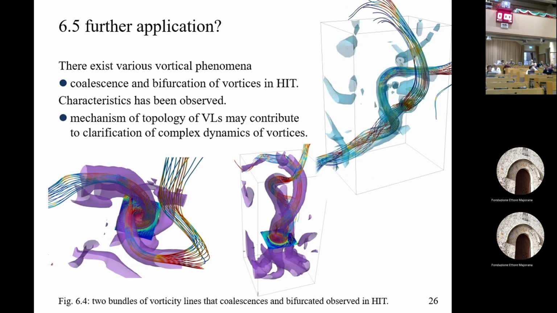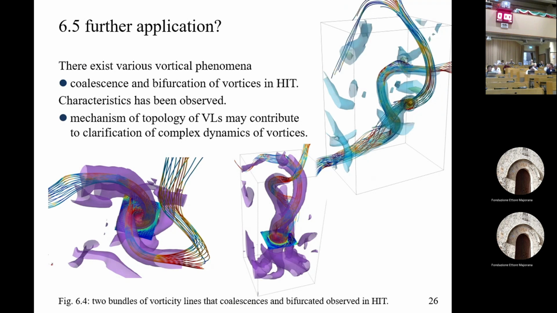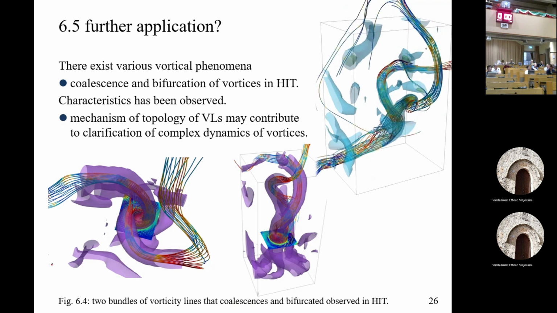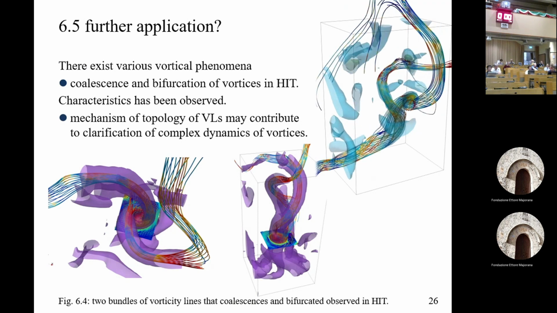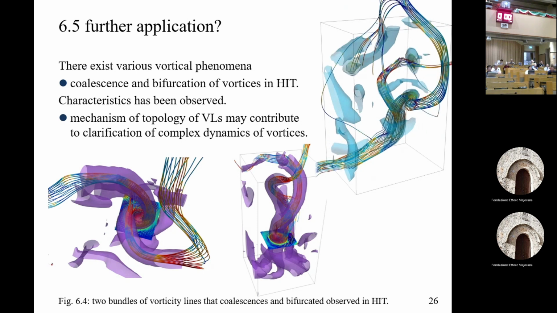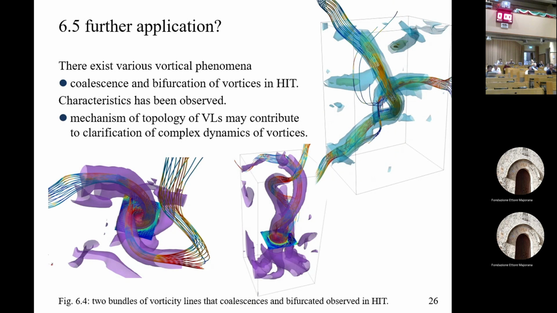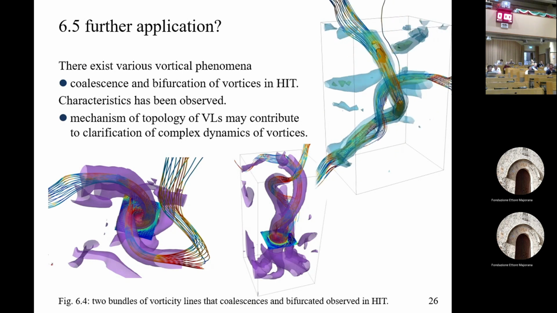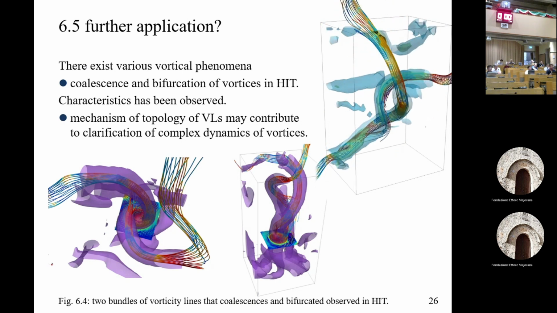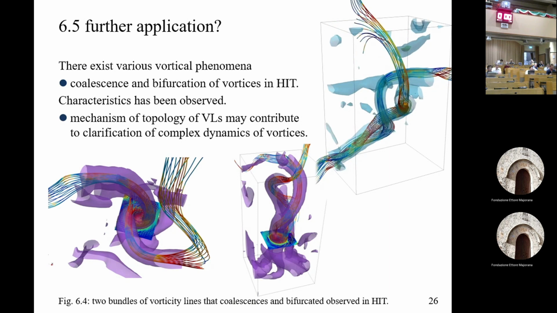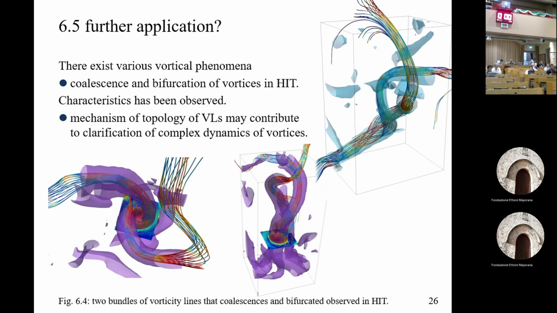However, by analyzing the distribution of the local topology quantities, we can analyze the global topological features like vorticity.